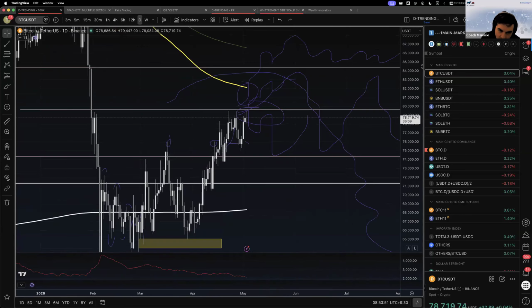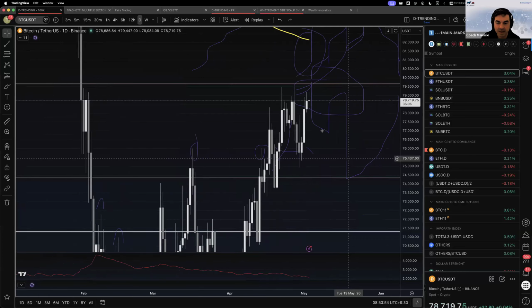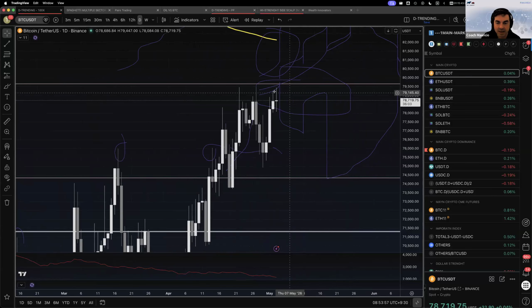If I go even like, if I zoom this, right? This is interesting to me, this is the same thing. Remember when I told you guys about the psychology of front running levels? Front running levels is the demand for a level to do some behavior, right? So on a bullish pattern, that's how bullish patterns form, right?